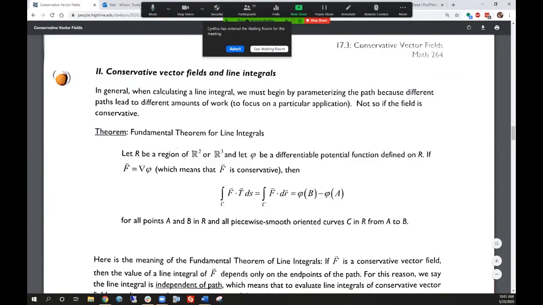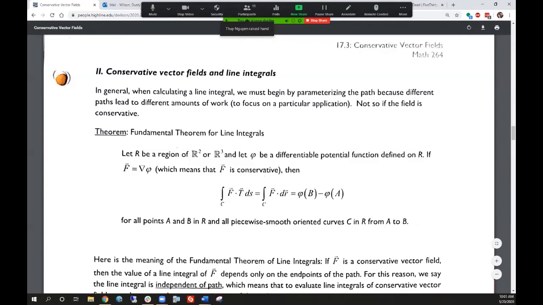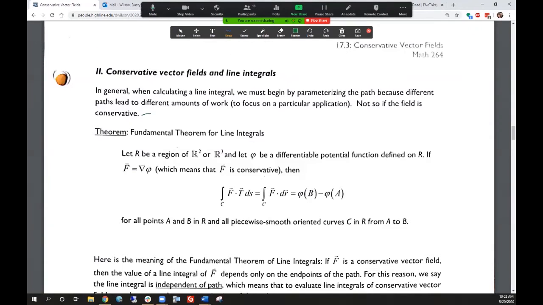Not so if the field is conservative. And remember, when we say conservative, what we're saying is that F is equal to some gradient field. So it's equal to the gradient of some potential function phi.